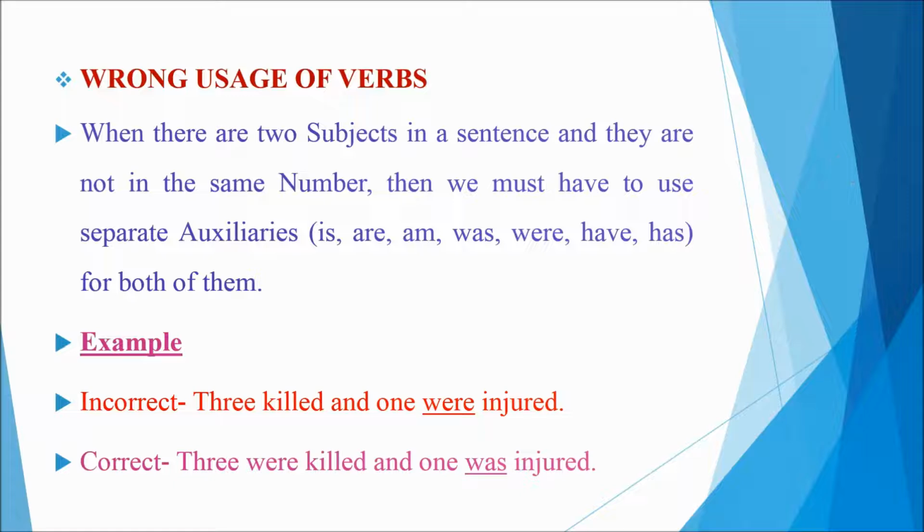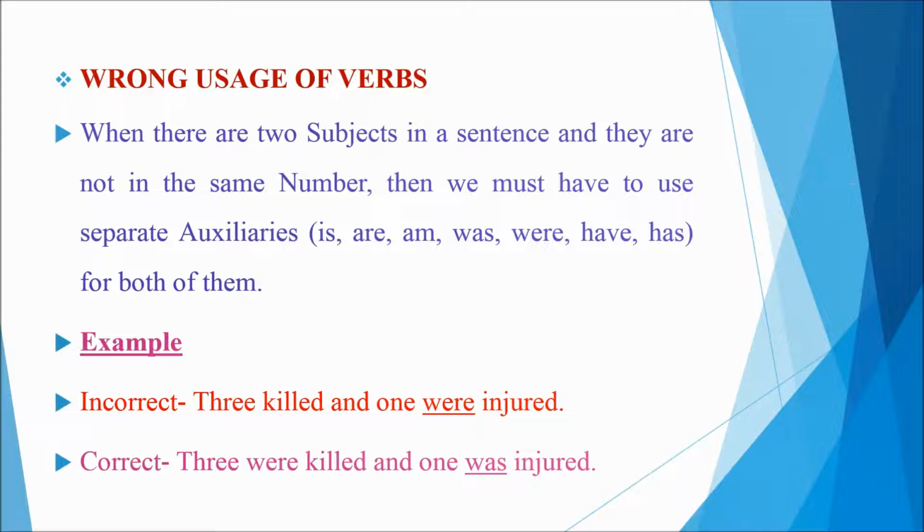Let me read it again. When there are two subjects in a sentence and they are not in the same number, then we must use separate auxiliaries is, are, am, was, were, have, has for both of them.